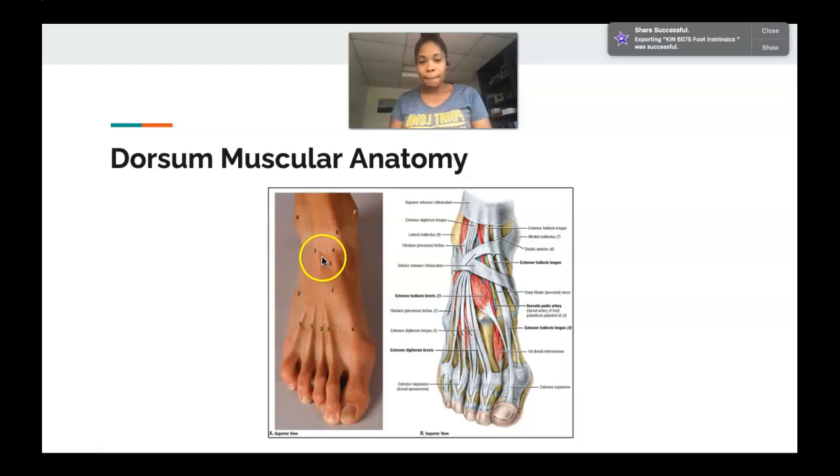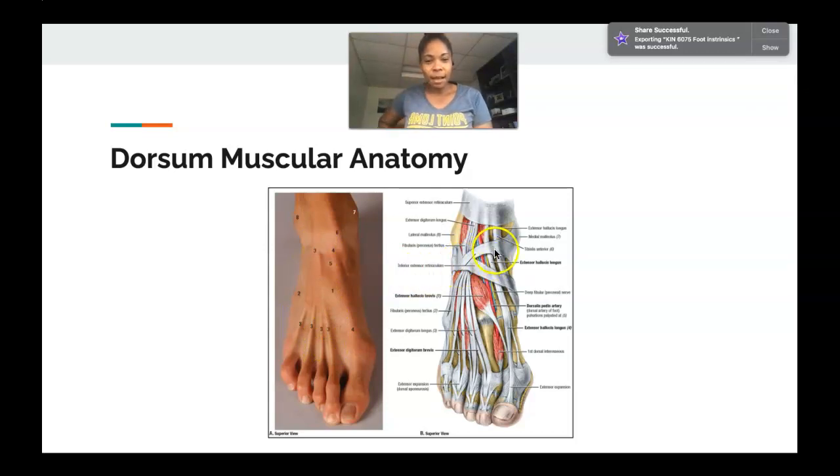As we progress more proximally and we look at what number 3 is, again, this is just one of the tendinous slips of the extensor digitorum longus, right? So here are its actual individual slips, and then here's where we see those slips coming together to make one tendinous structure.